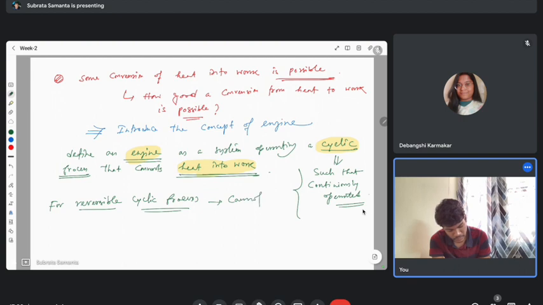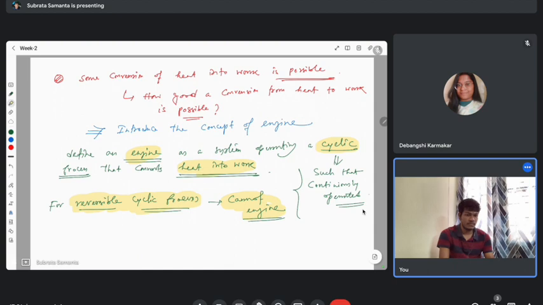So again, the Carnot engine is very specific: a reversible cyclic process.